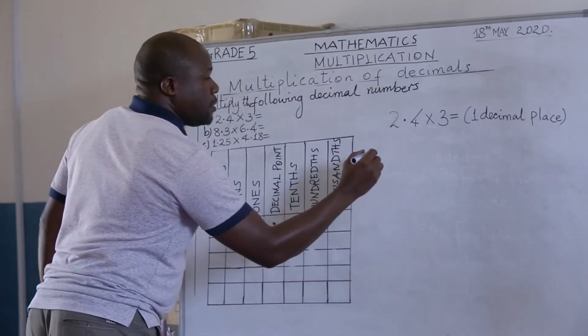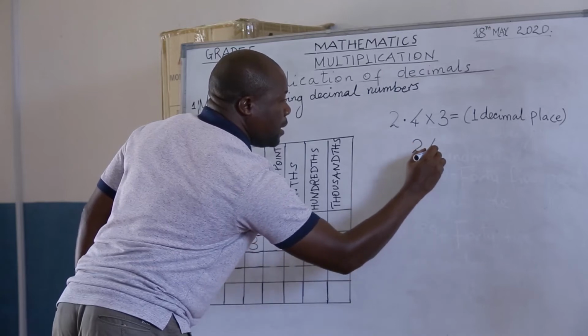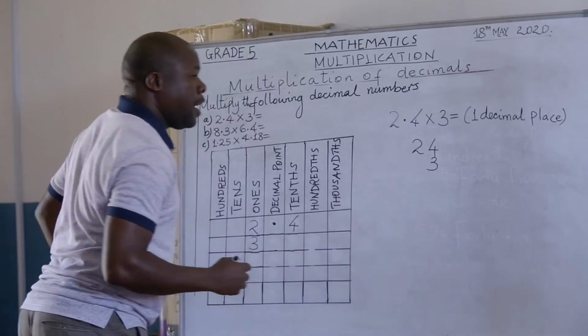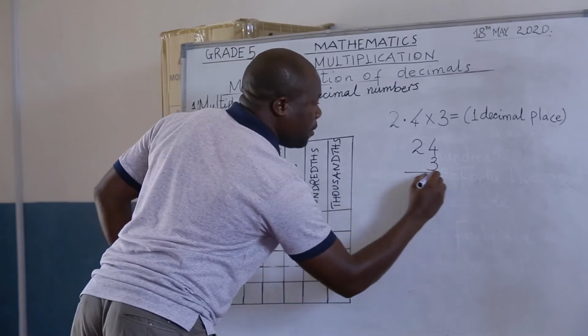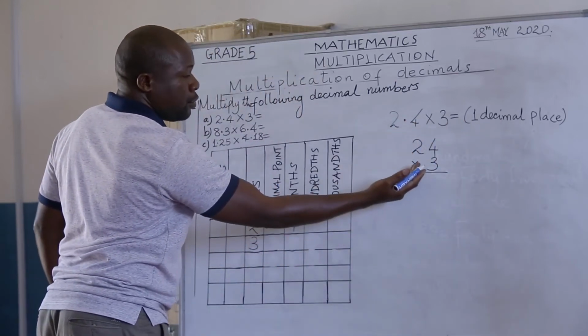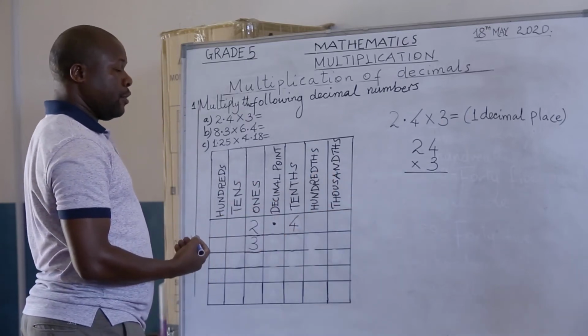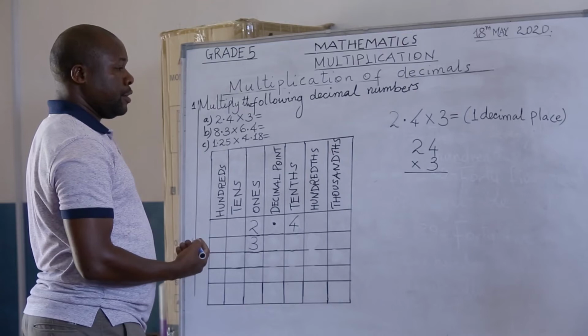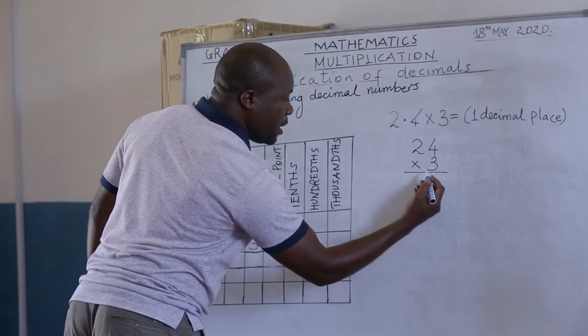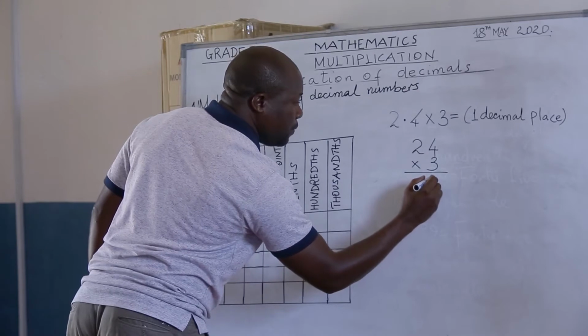Now let us take this question here and do a vertical multiplication. I have already preserved the number of decimal places in my question, so I am writing my work without a decimal point. Let us do the multiplication together. 3 times 4 is equal to 12.